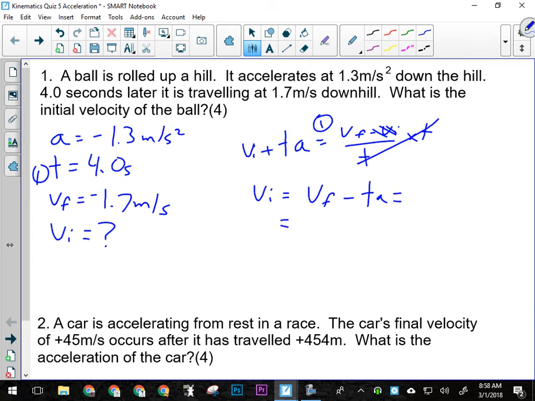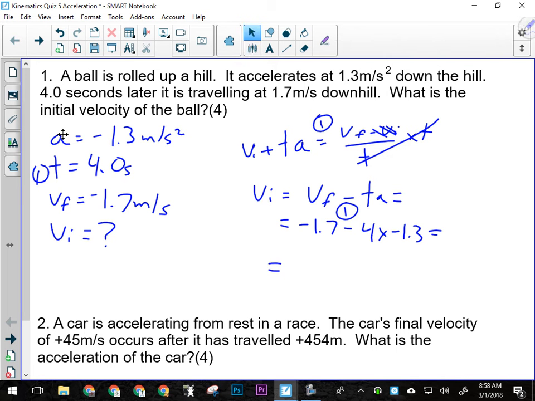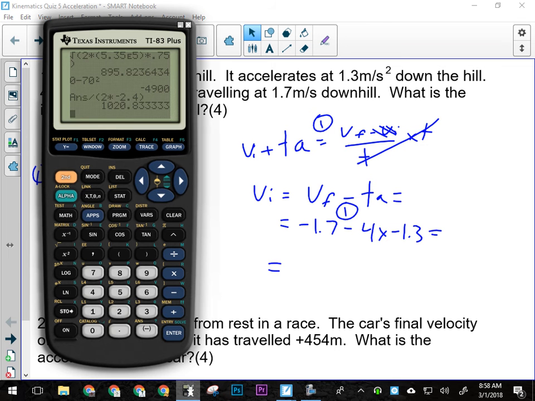So if they got to that or they plugged the numbers in, it would look like this. Negative 1.7 minus 4 times negative 1.3. Okay, that's their next mark. And then we got to get our answer. So negative 1.7 minus 4 times negative 1.3.